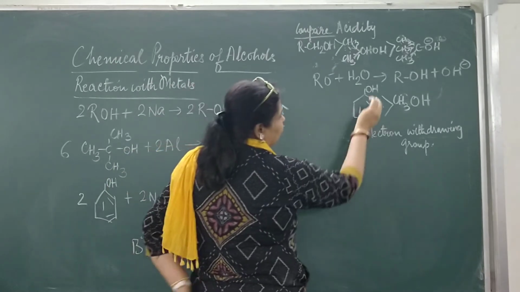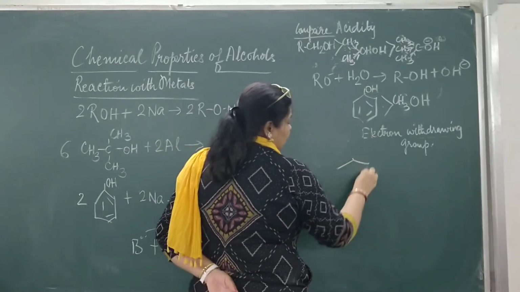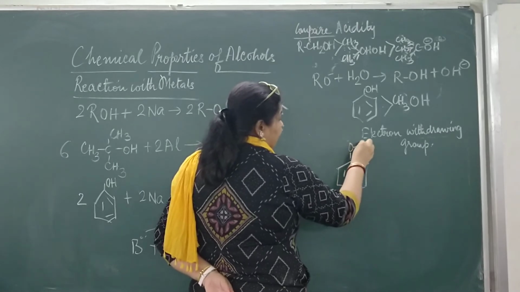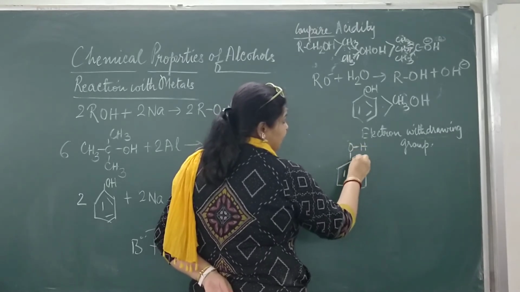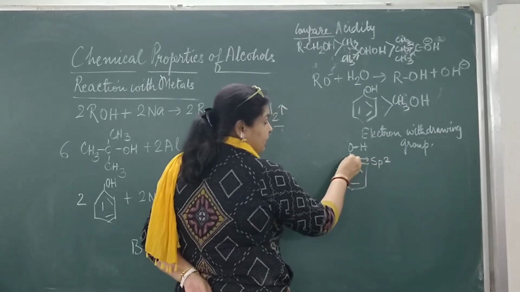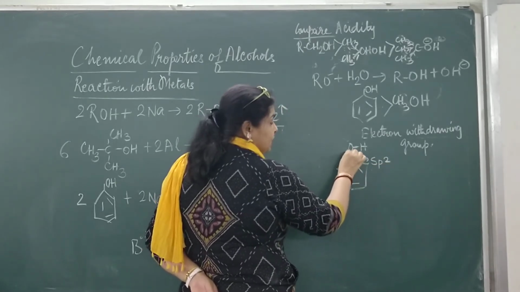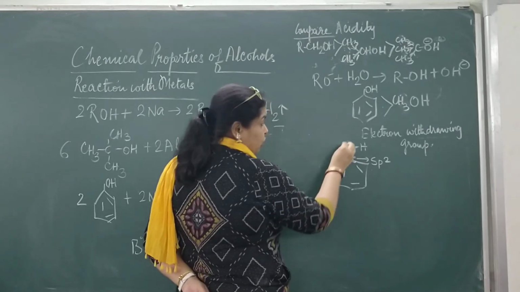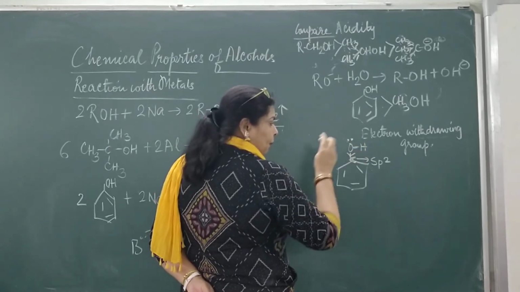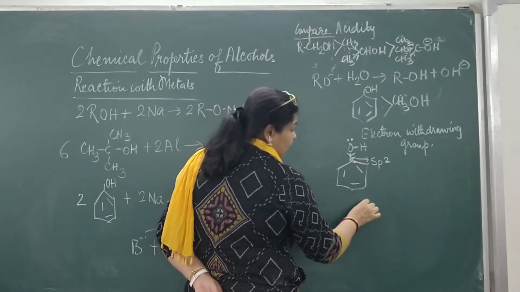If you see phenol, let us observe how phenol is. This carbon is sp2 hybridized. An sp2 hybridized carbon is more electronegative, so it is pulling electrons. So this lone pair on the oxygen is being pulled. Plus there is something called resonance.